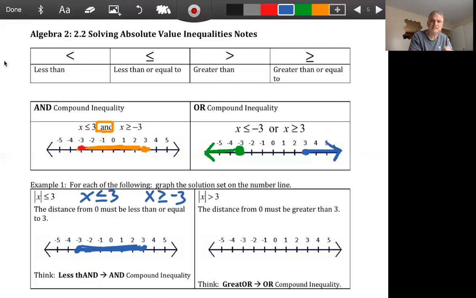Okay, so less than, the two arrows are going to be going at each other, right? And you're going to have shading between the 2 points.